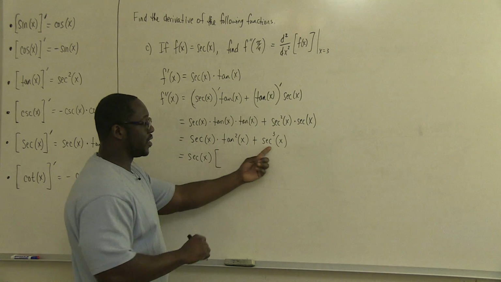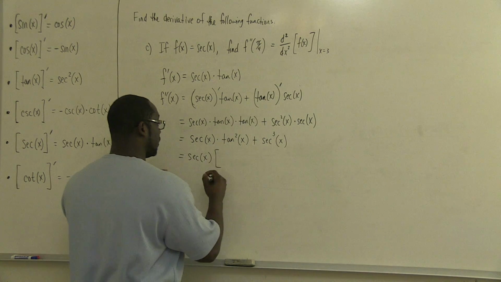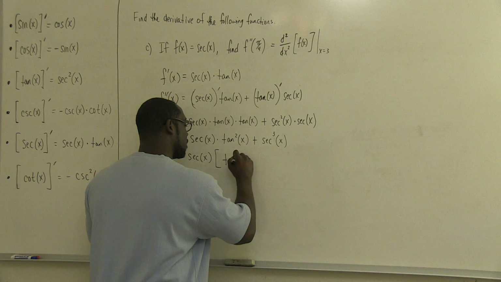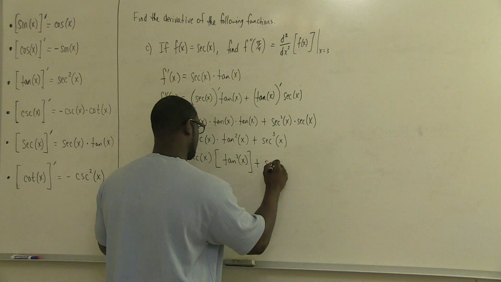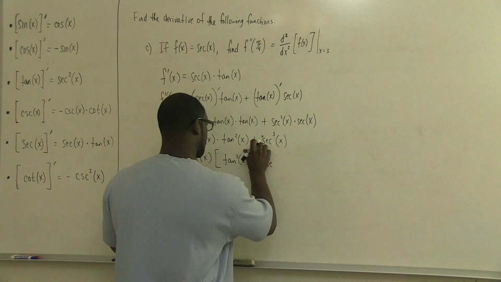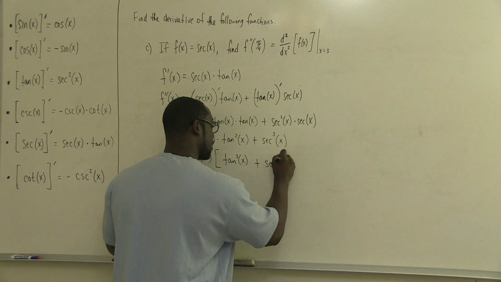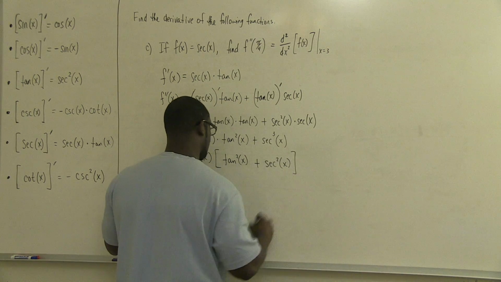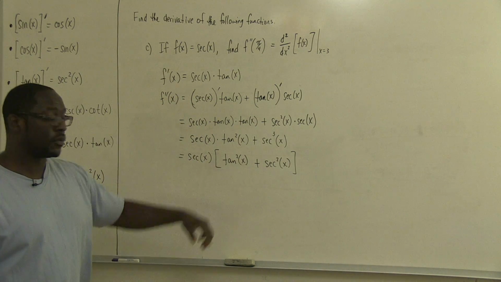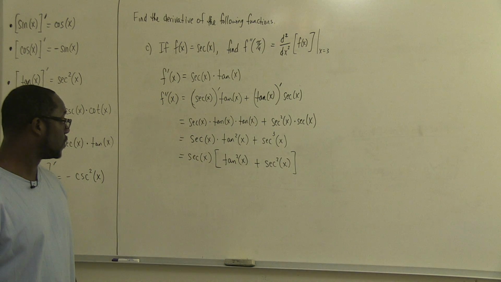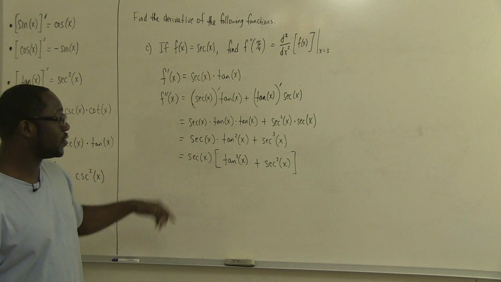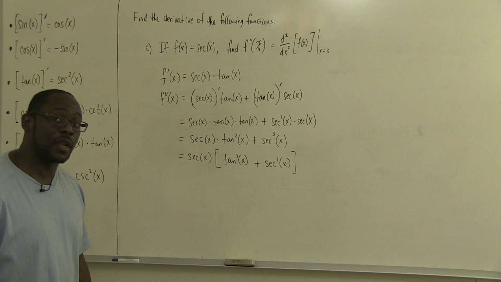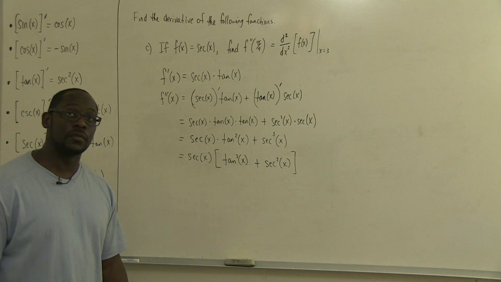This has 1 secant x, this has 3, so we can at least factor out 1. Okay, and so now we're at this point, and so from here, we have what the derivative of our function is. We can go ahead and evaluate it at x equals pi over 4, okay?